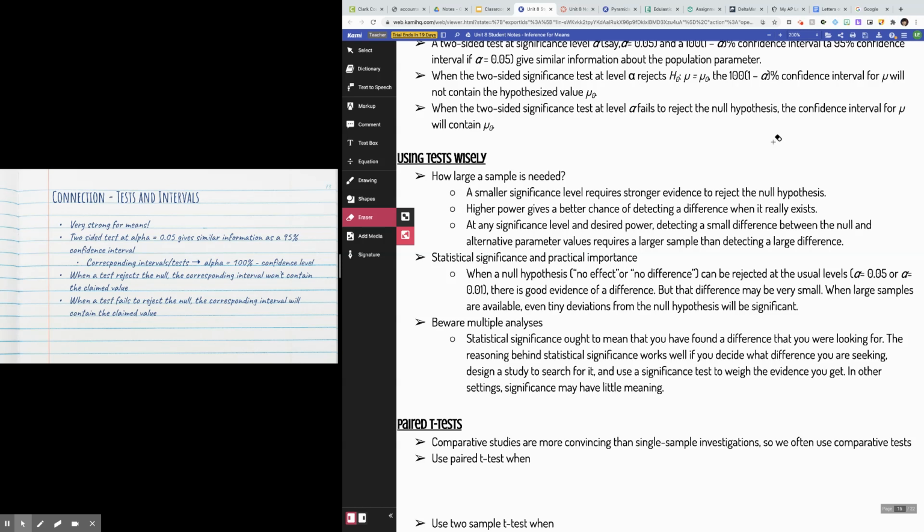And the other important thing to remember is that the decisions that you make with a test really only apply to that sample or that scenario, and you have to be careful if you're going to extrapolate it further, and make sure that you have a significant enough piece of evidence to back that up.